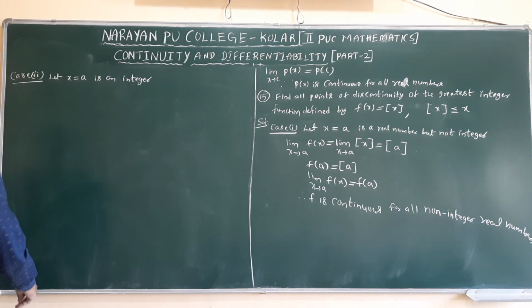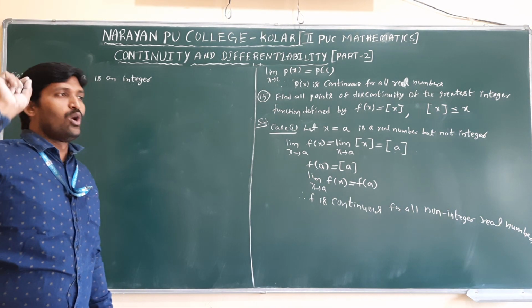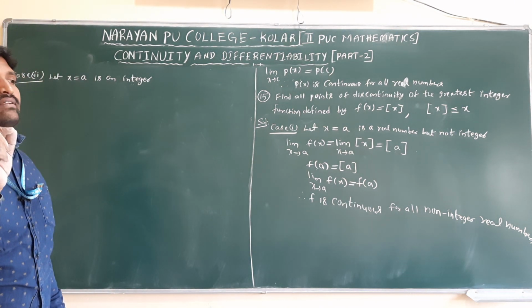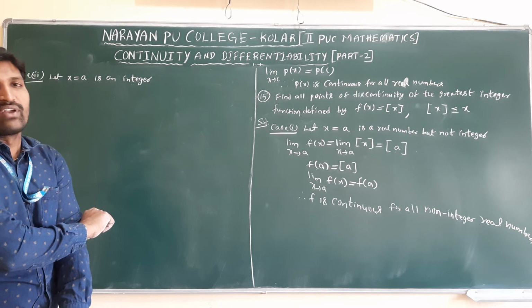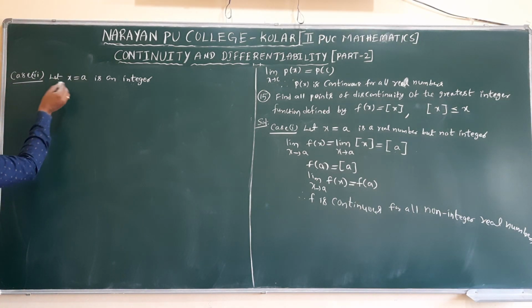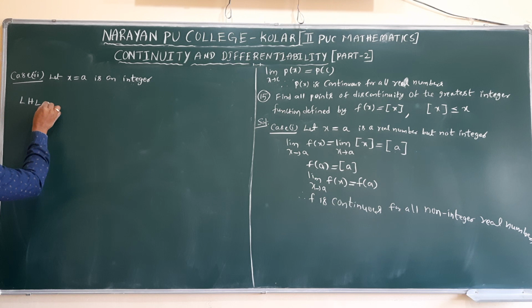Here x is equal to a, an integer. I already told you while discussing the continuity definition, only in a few cases we take x as a minus h for LHL and a plus h for RHL. We need to replace. Okay. Now first for LHL, what condition will we take?